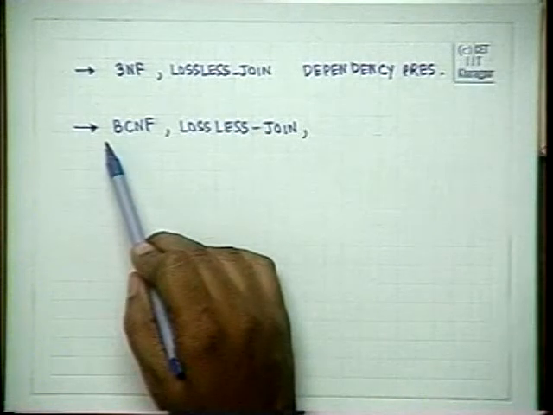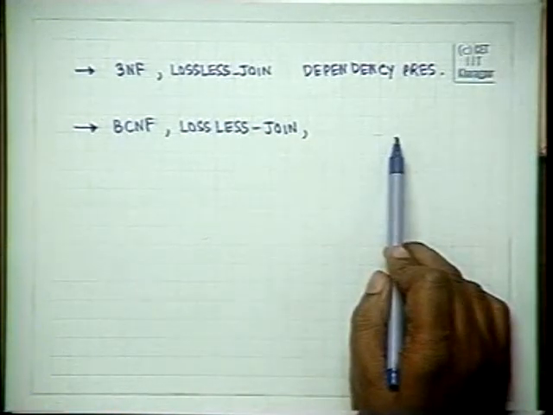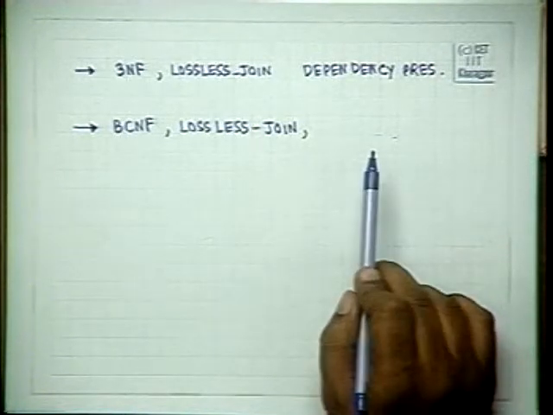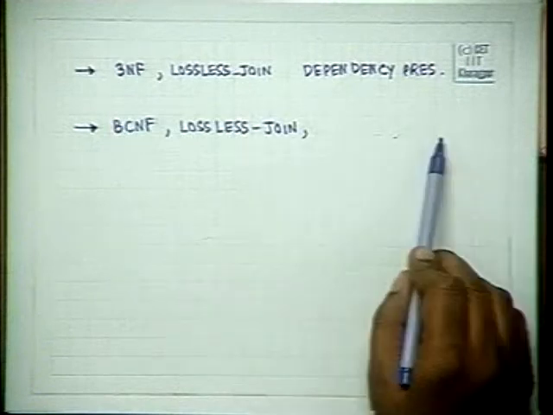We would always prefer BCNF lossless join dependency preservation, but that cannot always be guaranteed. So we will first try for BCNF lossless join dependency preservation, and if we can't get that, then we will have to make the trade-off whether we go in for 3NF or break the dependency preserving concept.